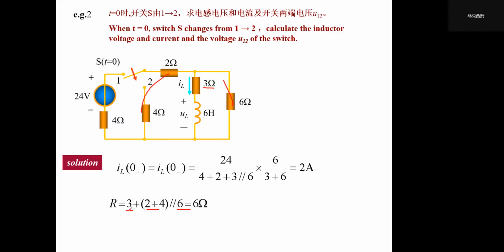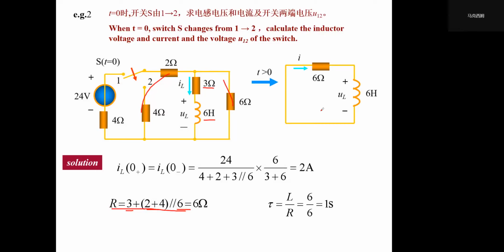So the equivalent resistance equals 3 plus 2 plus 4 parallel with 6, so it's 6 ohm, and the inductance is 6 Henry, so it changes into this form, and so we can apply the conclusion of this RL circuit directly.